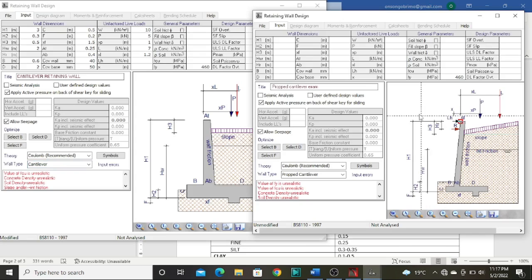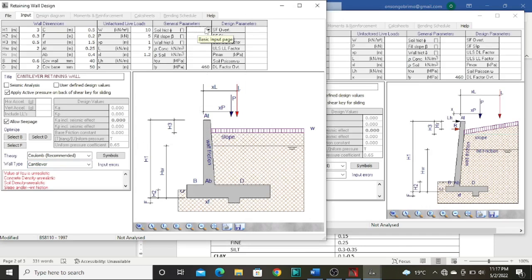Let me open both so that we are able to see as we do the modeling. So let me use a value of 30. And we also have a field slope that is beta. This is the slope of my wall relative to the soil.